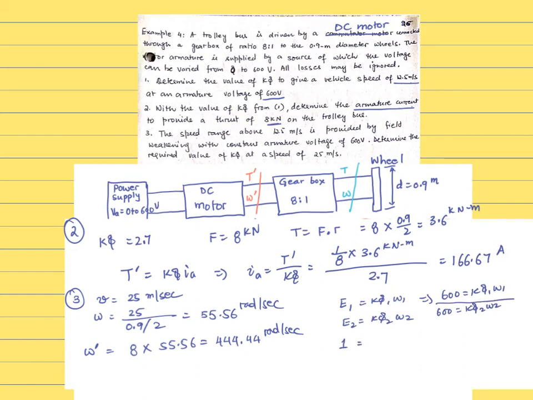So 1 equals, what is K phi 1? Let's choose a red color to see the 1 quantities. So here is K phi 1, and the speed corresponding to that was 12.5 meters per second. That's the first speed, and that has to be, of course, converted to omega prime. And the omega 1, we actually calculated in the very first step.